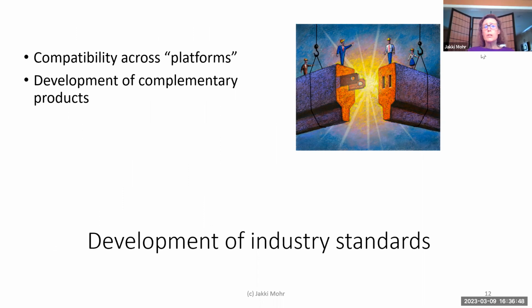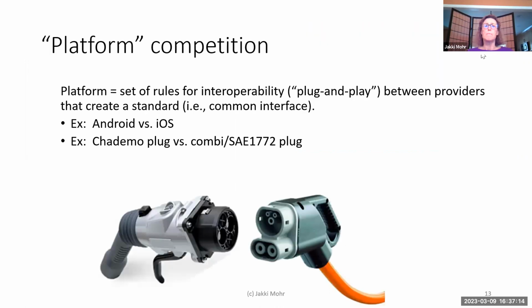In this particular case, we know that industry standards help alleviate customer fear, uncertainty, and doubt so that if they buy a particular electric vehicle, their charge type will be aligned with any chargers that they might want to use on the roadways. So the charging is an important complementary product, and the incentive to build those is based on platform compatibility or industry standards, plug-and-play compatibility.